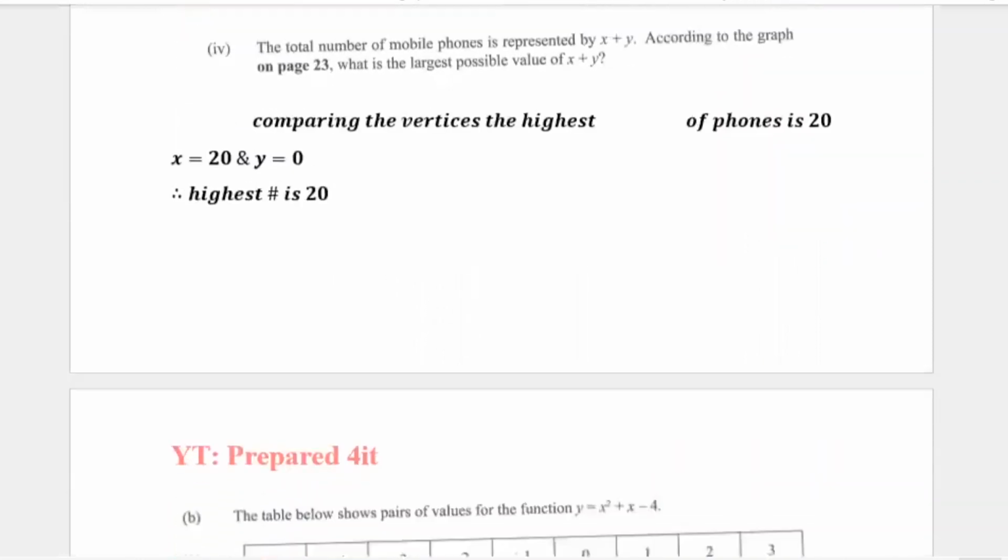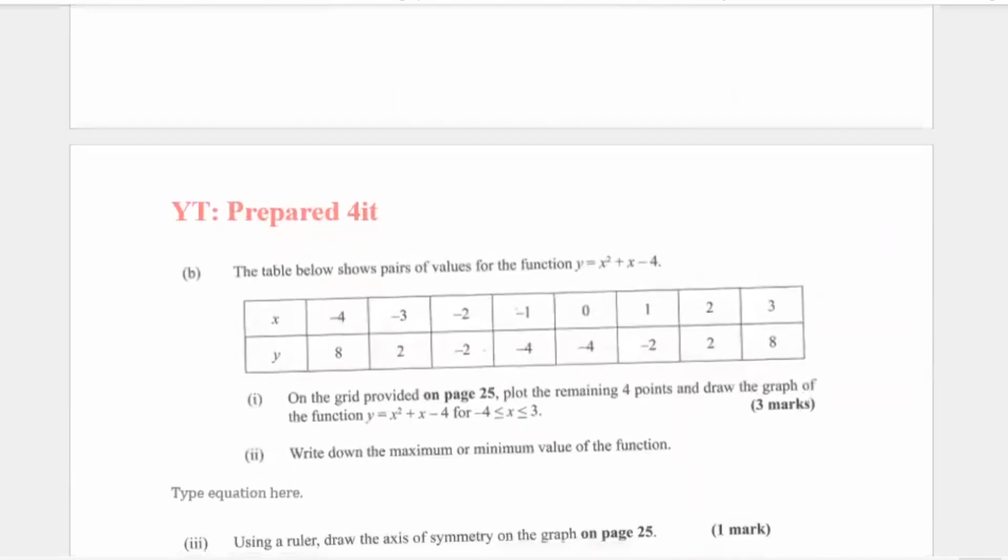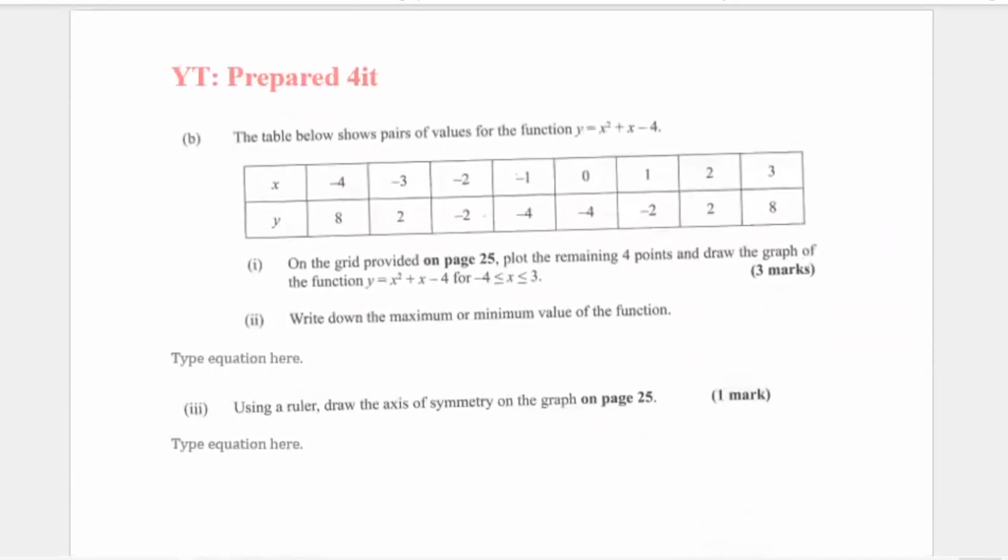All right. So part B now, they gave us a table and they want, on the grid provided, to plot the remaining 4 points and draw the graph of this function. They didn't plot the last 4 points, which means it is these points here.